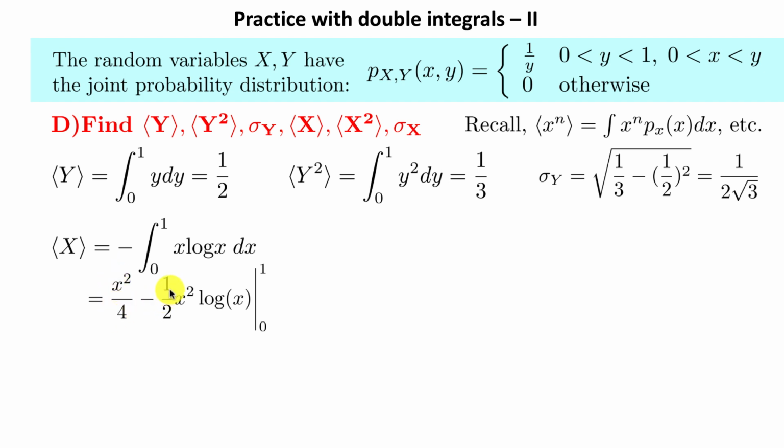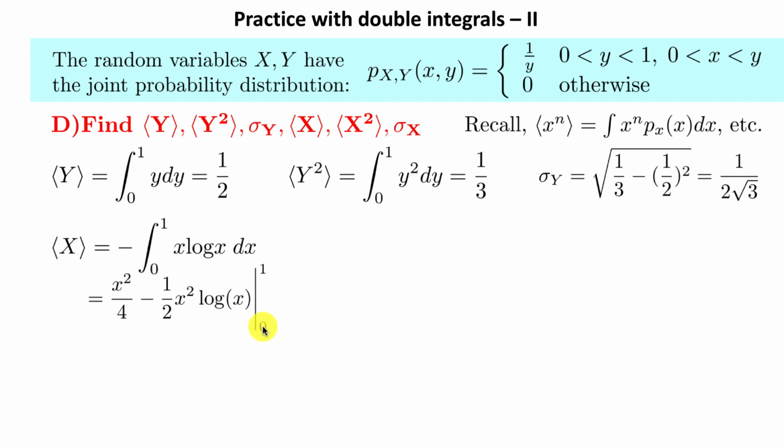You get x squared over 4 minus half x squared log x, and you have to evaluate it between 0 and 1. How do I know that this integrates to this? Again, the best way to do it is by guessing the answer and then simply differentiate this, and you'll see that you get minus x log x. So indeed, this is the correct integral of minus x log x.